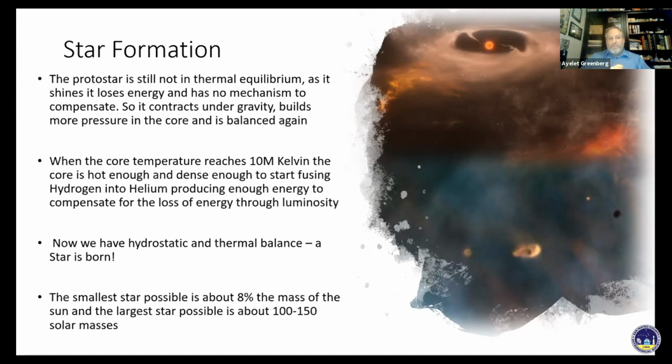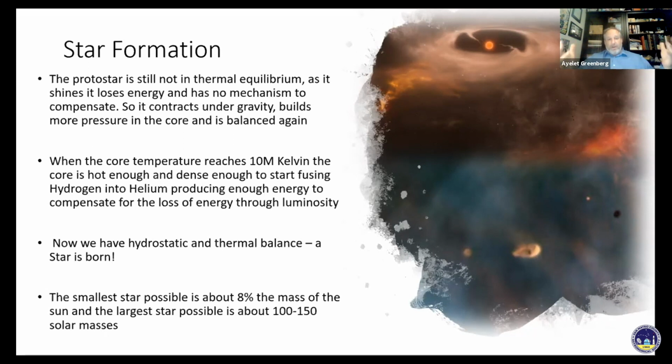Now, as I explained earlier, there are limits to how small we can make stars and how big we can make stars. On the lower end, the smallest star that you can make is about 8% the mass of the sun. The reason that we have this limit is because if you went any smaller, then there would simply not be enough mass to continue contracting and driving the heat up to at least 10 million degrees Kelvin.